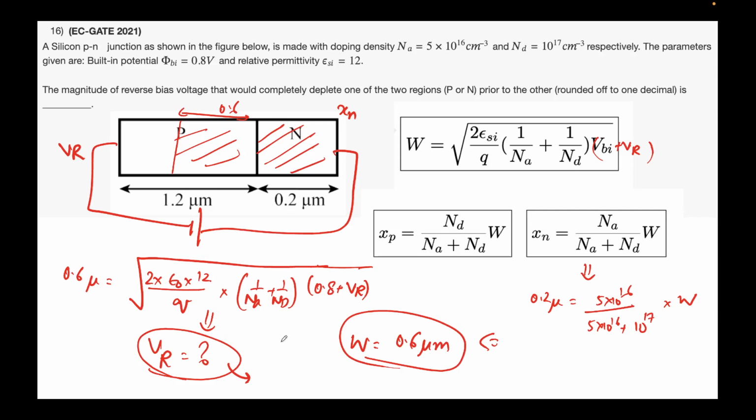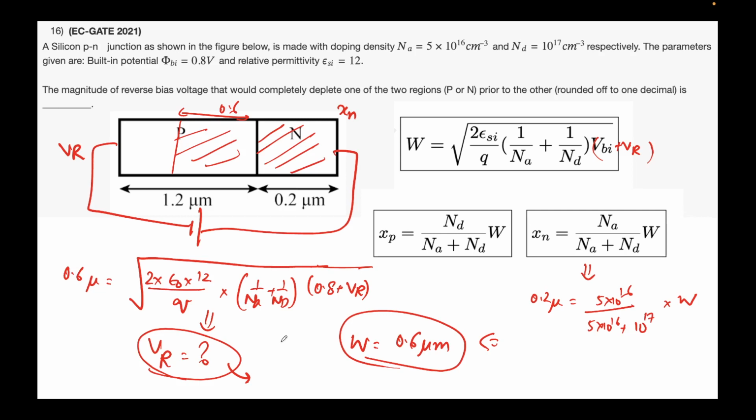And then we do 1 by NA plus 1 by ND. So that will turn out to be 1 by 5 into 10 to the power 16, and that's 10 to the power 17. So that's 0.5 into 10 to the power 16, plus 0.5 into 10 to the power 17. So that will turn out to be 1.5 into 10 to the power 17. Okay, so let's do that.